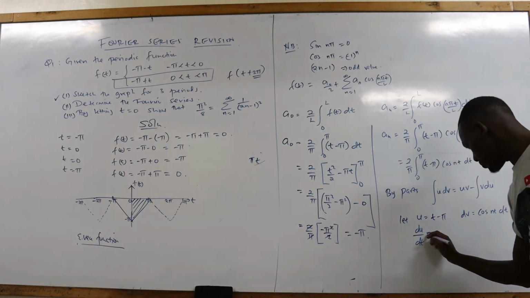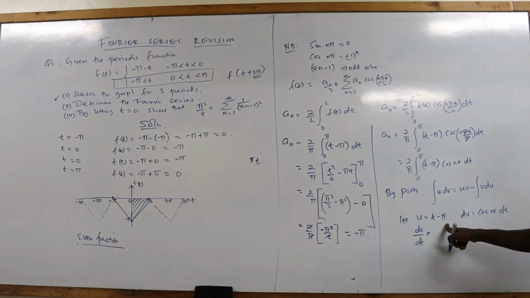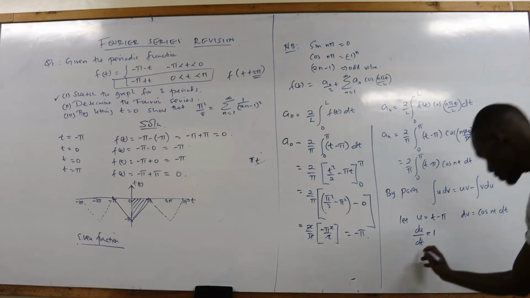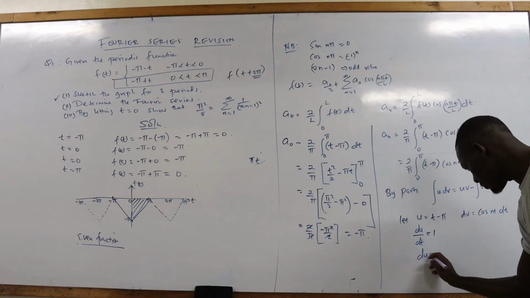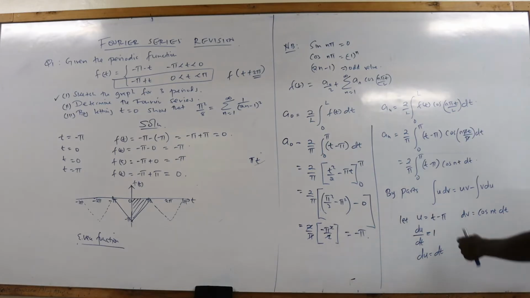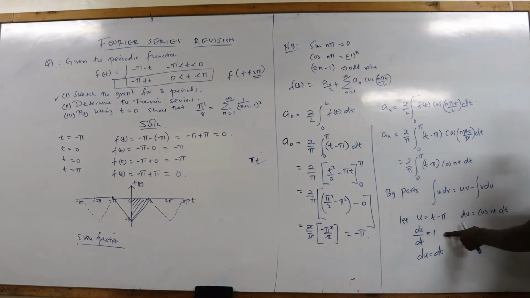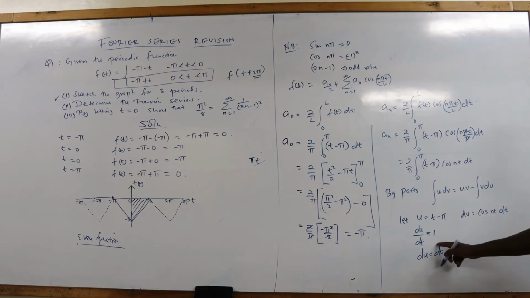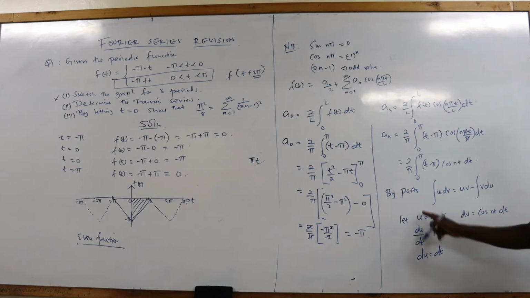Differentiating t minus pi, there's no t in pi, so differentiating t you get 1. But you want to make du the subject, so du will be given by dt. Just multiply by dt, multiply by dt, so the dt and dt cancel. Because this one is 1 over 1, you can multiply by 1 on this side, multiply by dt on the other side. Then, so we have our u, we have our du. We have our dv. What don't we have?